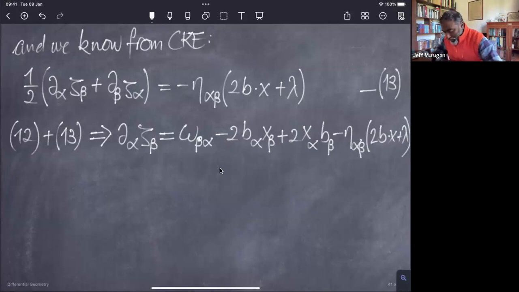Okay. And now remember, I'm trying to solve for ζ. So now I can integrate once more.